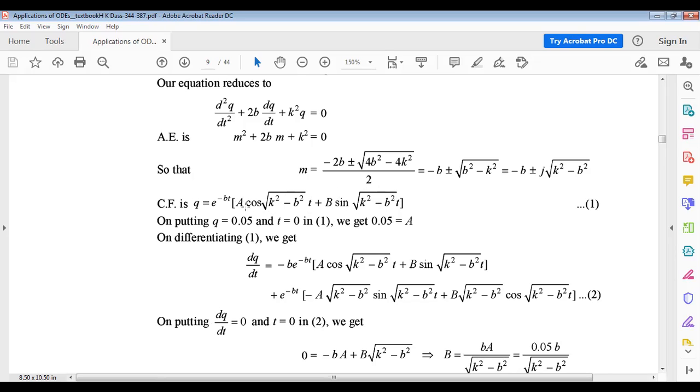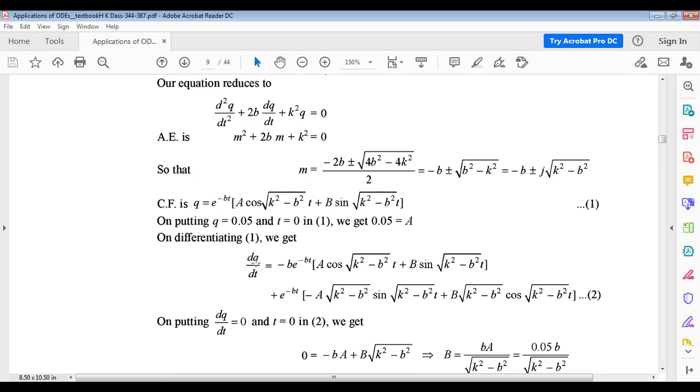Okay, and putting t equals to 0, this will be only A, and e to the power 0. So q equals to what? A. Understand? q equals to capital A. But q equals to 0.05, the charge.